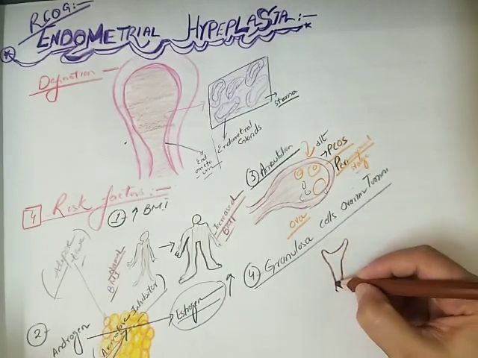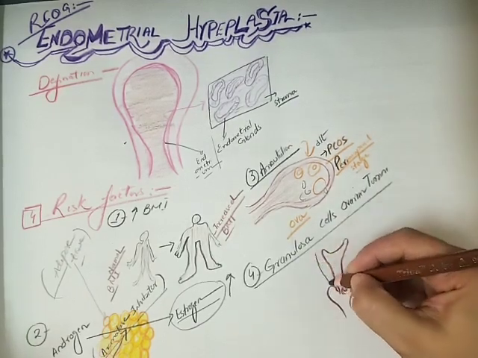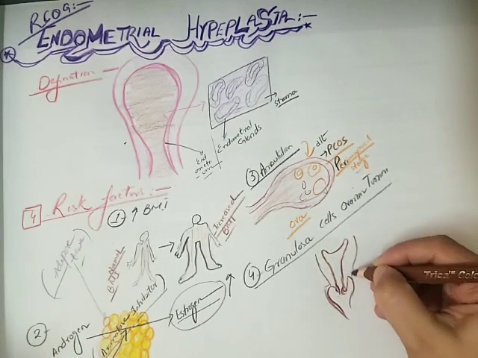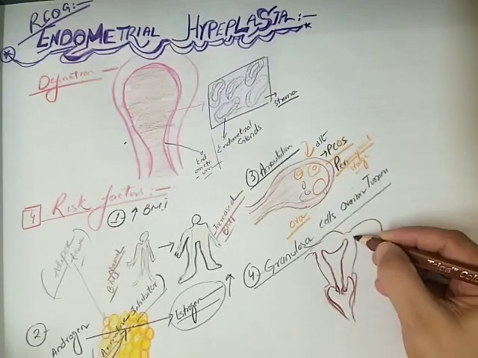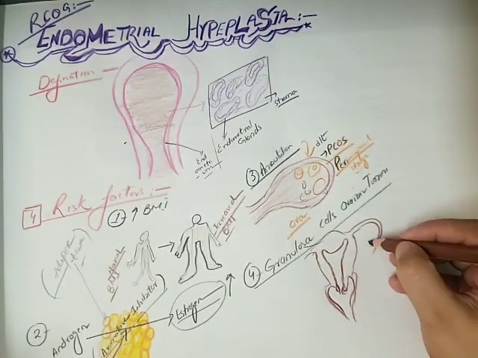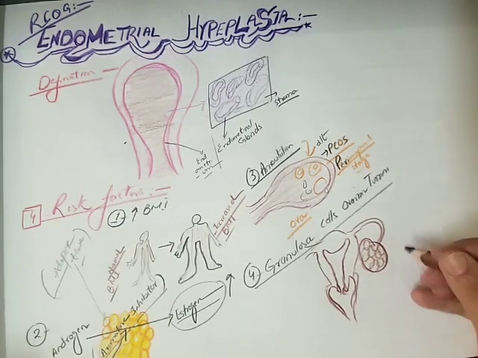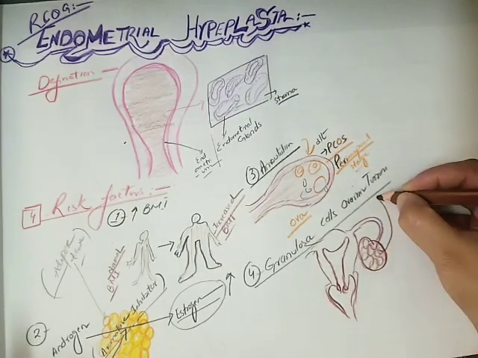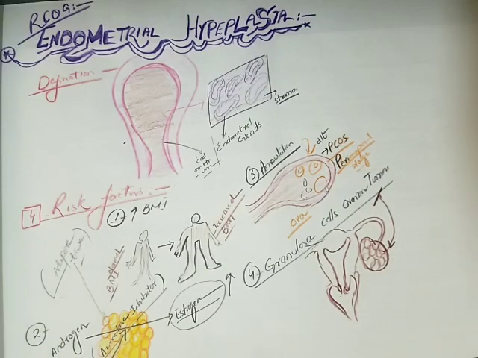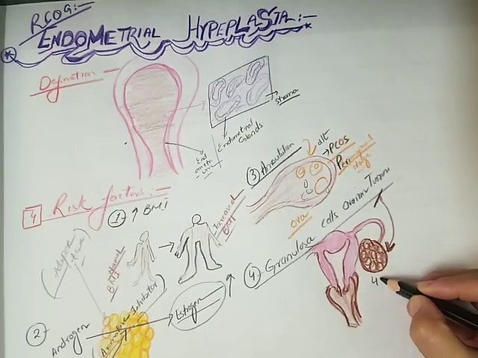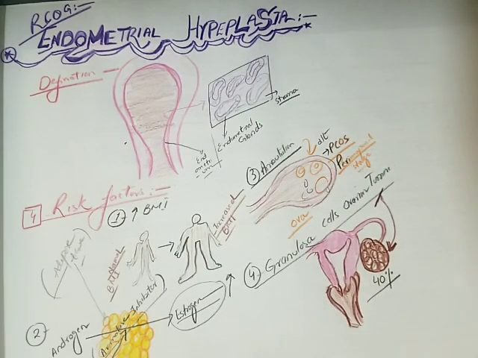We have the uterus along with the endometrium, and we can see that there are ovaries on the side, and these ovaries have got multiple tumors, called granulosa cell tumors. These are responsible for endometrial hyperplasia as they produce excessive estrogen. It is found that about 40% of the patients with granulosa cell tumors have endometrial hyperplasia.